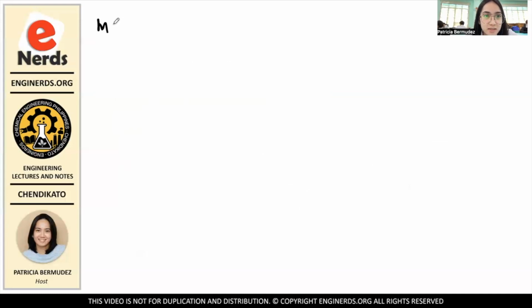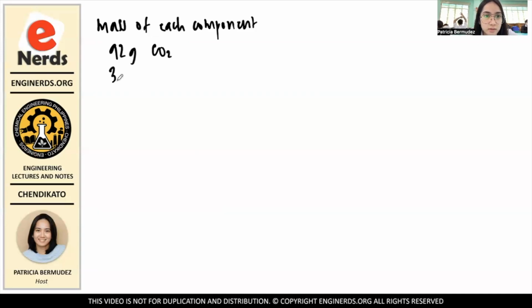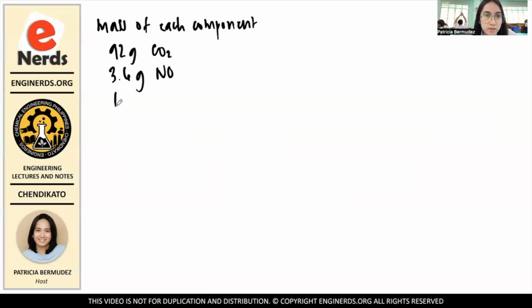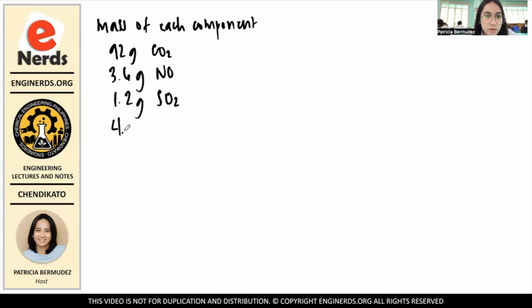So the mass. We have 92 grams of carbon dioxide, 3.6 grams nitrogen oxide, and then we have 1.2 grams of sulfur dioxide and 4.1 grams of water.